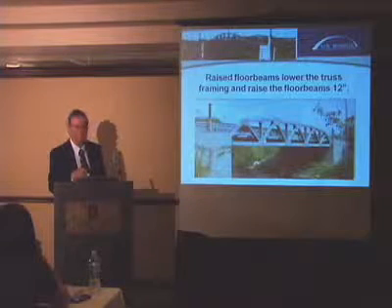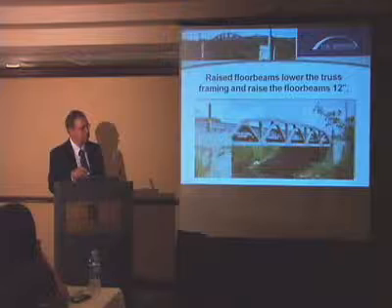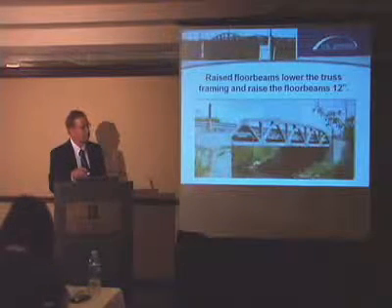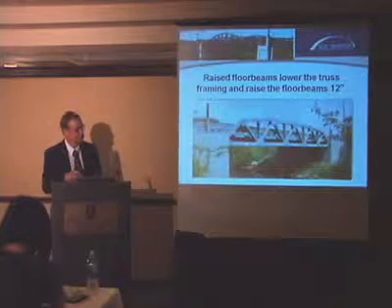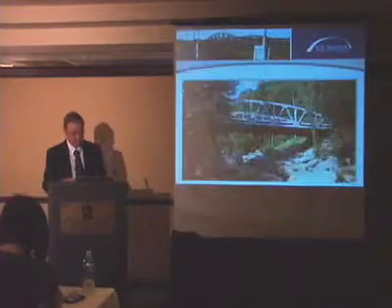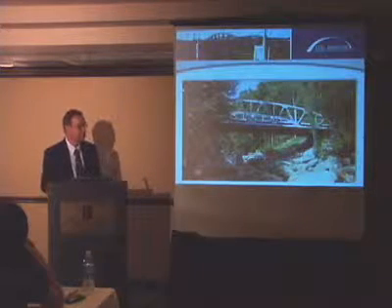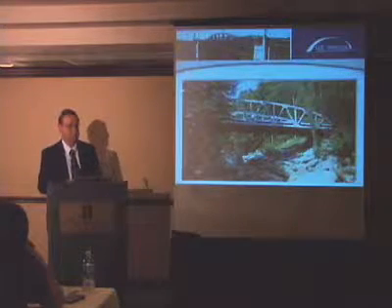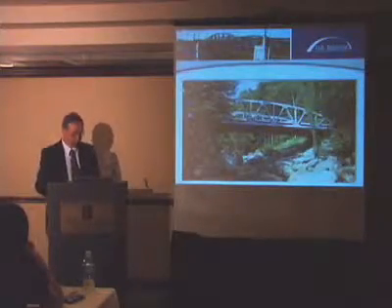The floor beams are raised between the trusses. The stringers are framed and bolted between the floor beams, and it gives you a lot cleaner look under the structure. It's a preference. Some engineers prefer the underslung, some the raised.